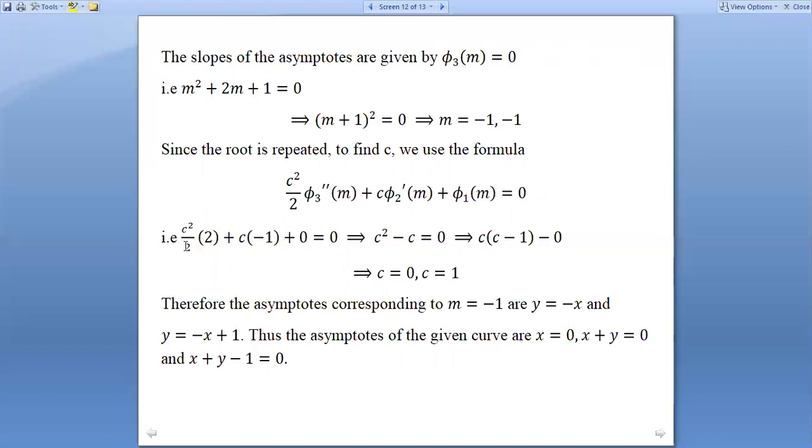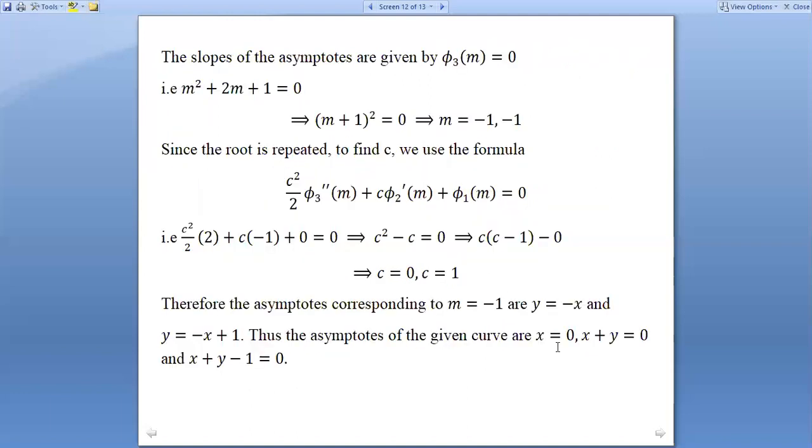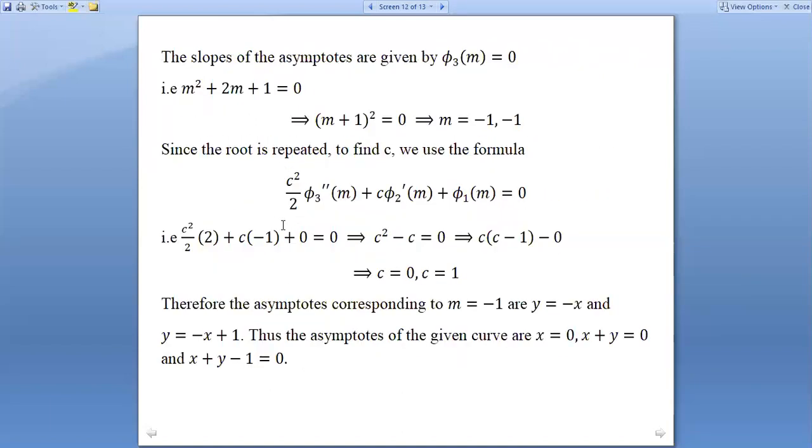So c square by 2 into phi3 double dash. Twice if you differentiate, you will get it as 2, plus c into phi2 dash. Phi2 dash is nothing but just minus 1, plus phi1. Phi1 is itself 0, so substitute it as 0.